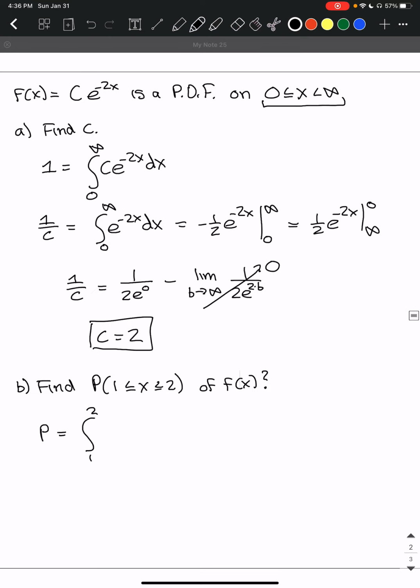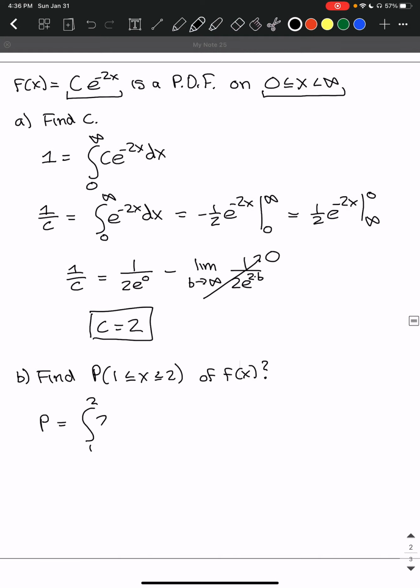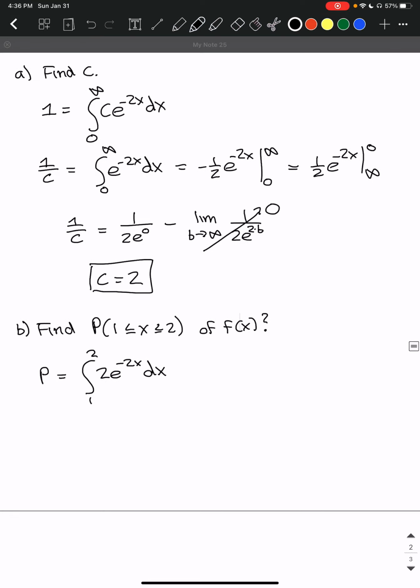My probability density function was c e to the minus 2x, but I found c, so I can make this 2e to the minus 2x dx. I can go ahead and do the integral. It's very similar to the one we just did, except you're not taking any limits. What you end up getting is 1 over e squared minus 1 over e to the 4th, which is about equal to 11.7%.